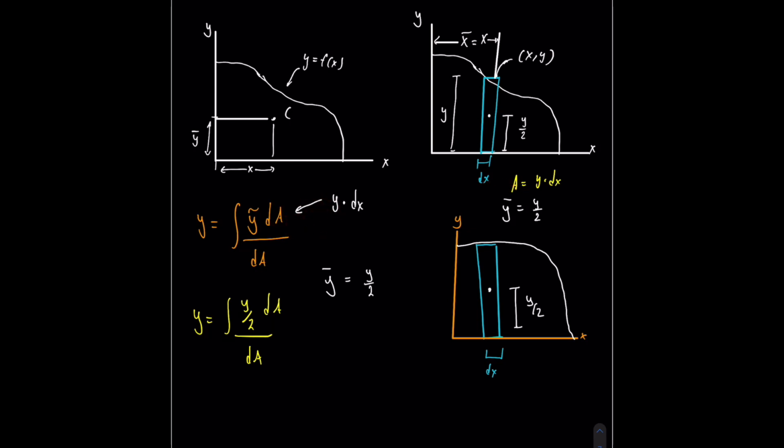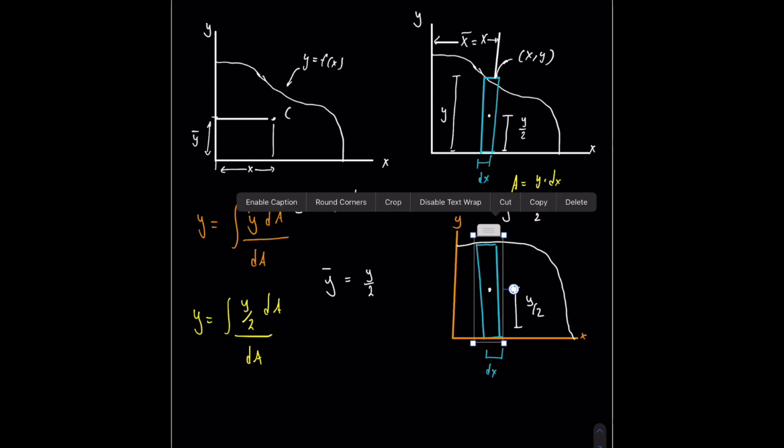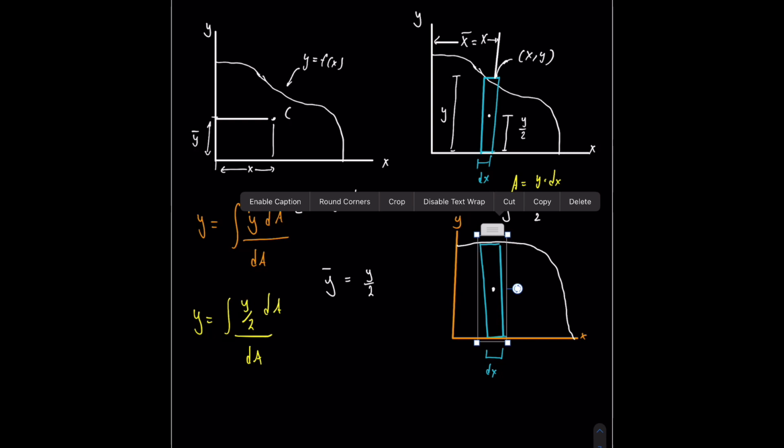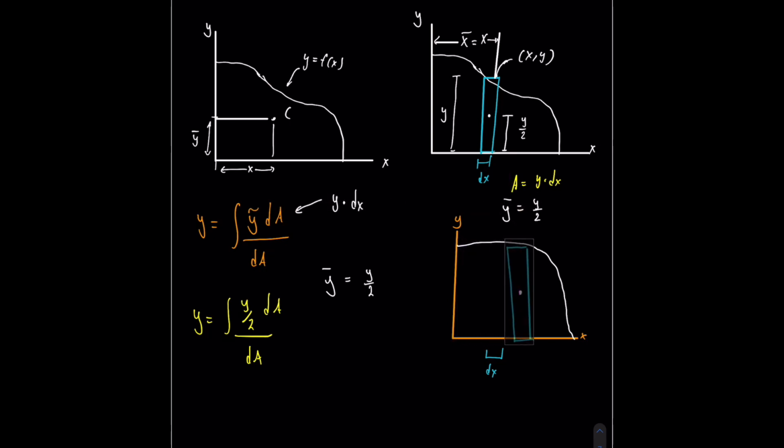This could be a little bit hard to explain or to understand, so I'm going to try to explain this as well as I can. Now, see this vertical strip here. It has a length dx. Now, notice how as I run this across the function, it's going to remain constant in the x direction.